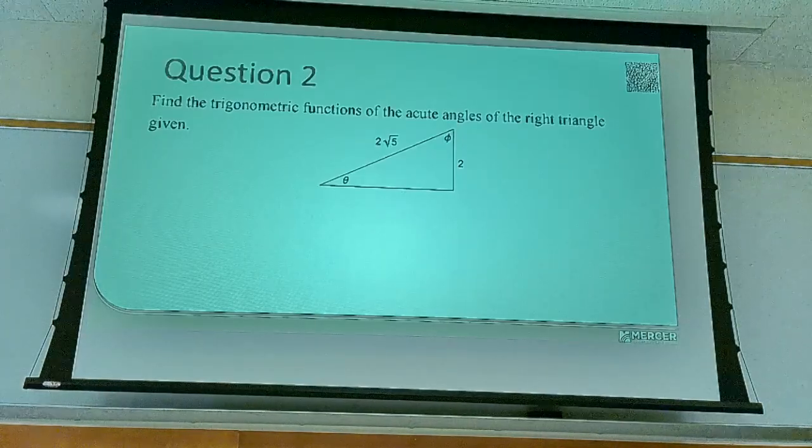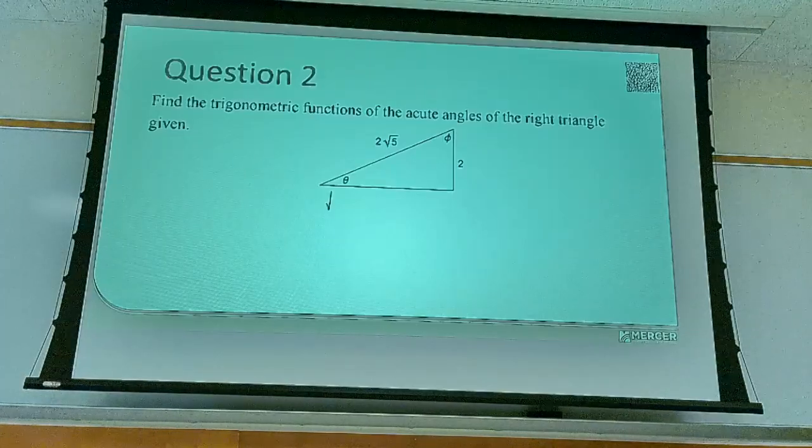So what is this missing line, which I'm just going to call the base? Square root of 2 or square root of 5 squared, which is what? 2 plus 5, 10.